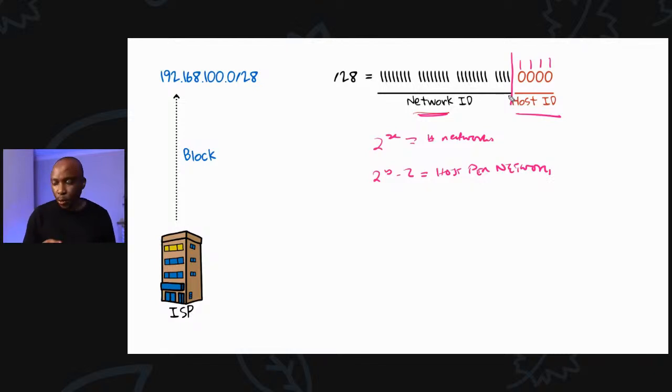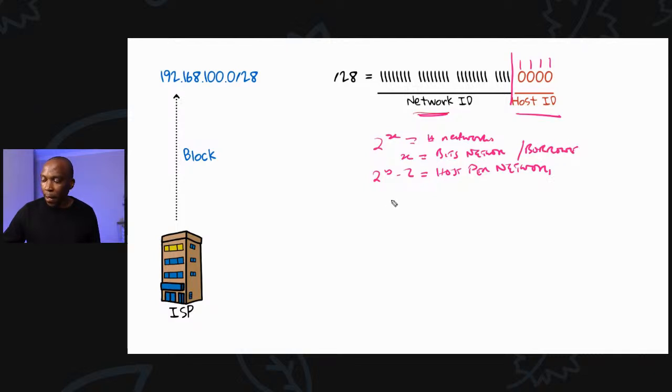And I say to you, x is the number of bits for the network, or what we call borrowed bits, and y is the number of bits on the host ID, or what we call unborrowed bits.